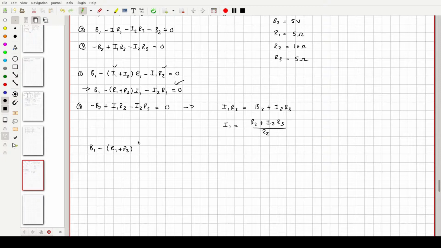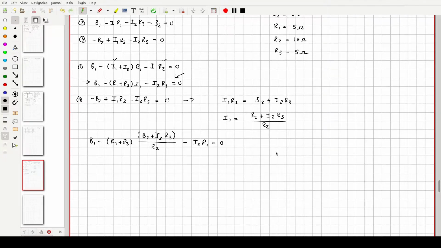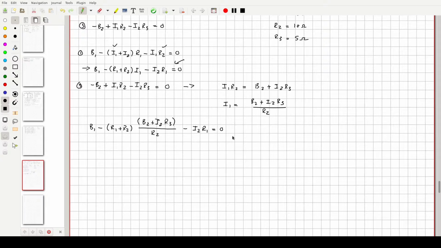Now I1 is this. So that takes care of this. Minus I2 R1 is equal to 0. So I know everything here except for I2. It's just an issue of solving for it now.